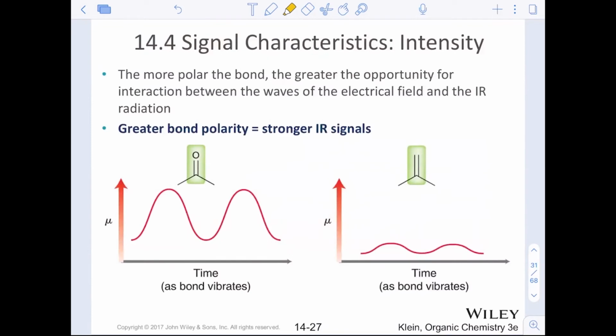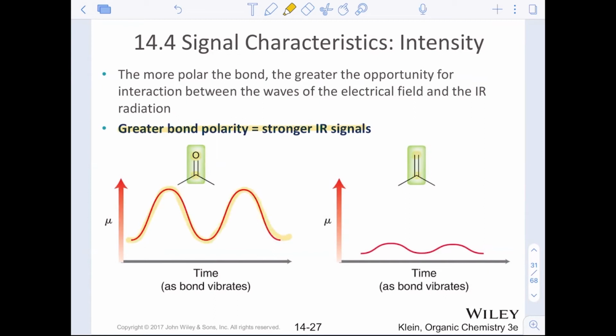But what we do need to know is that the more polar the bond, the greater the opportunity for that change in the dipole moment, right? The interaction between the waves of the IR radiation and that of the electrical field of polarity. So the greater the bond polarity, the stronger the IR signals right there. Because oxygen to carbon is polar, its dipole moment is already large.